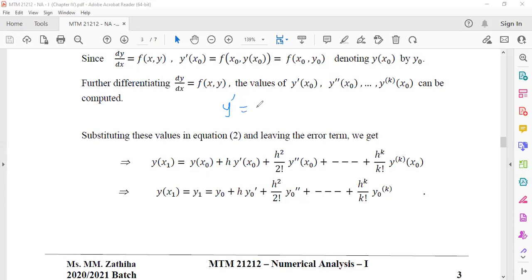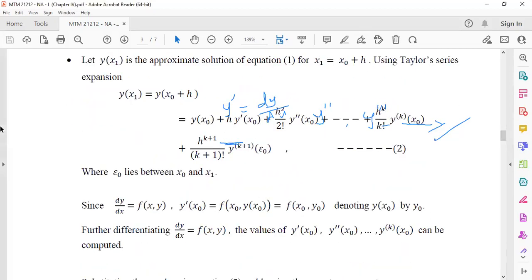So from this we can find f double dash, f triple dash, and continuously compute the differentiation. Then we substitute in our equation number 2, which is the Taylor series.